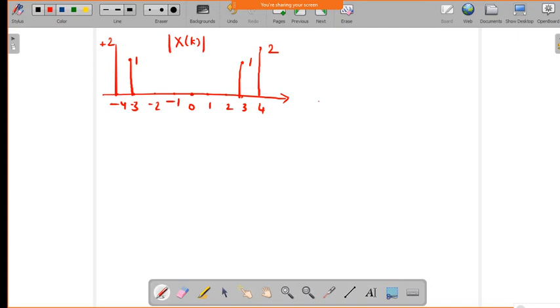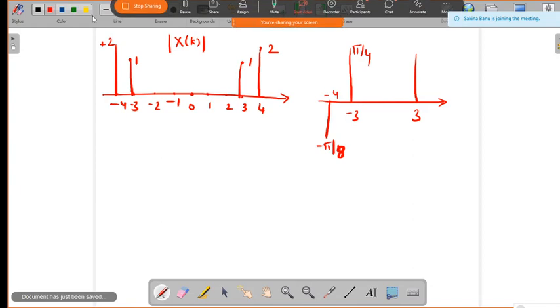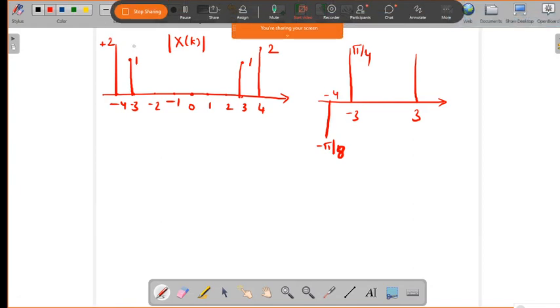and similarly it will have a phase spectrum. So at 3 it will have plus pi by 4 and at 4 it will have minus pi by 4. So this is pi by 8 I can take, and this is at minus 4 and this is minus 3, and similarly at 3 it will have the phase value which is minus pi by 4.